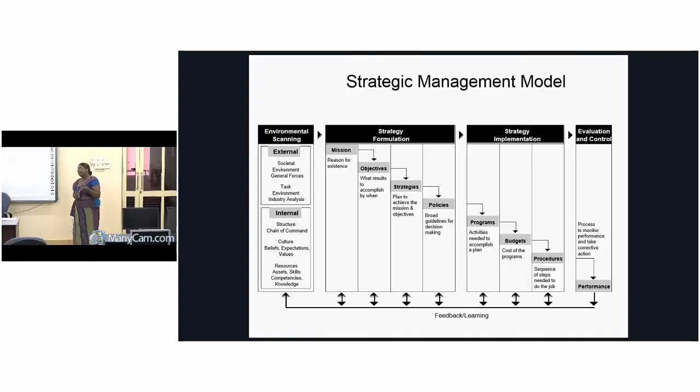Negative factors in the external environment are called threats, and negative factors in the internal environment are called weaknesses. So to identify these things, we do environmental scanning. Our lessons also flow according to this model. We discuss the lessons under strategic management according to this model.